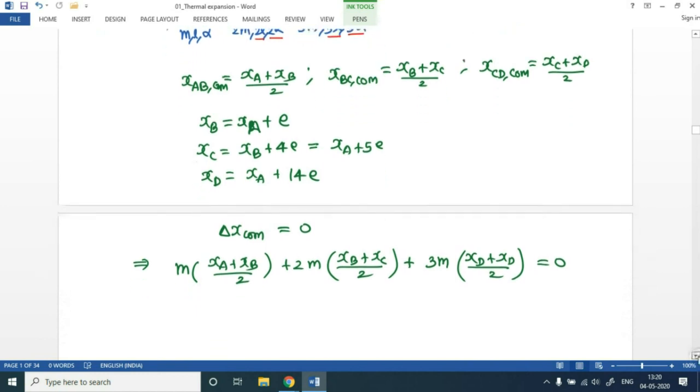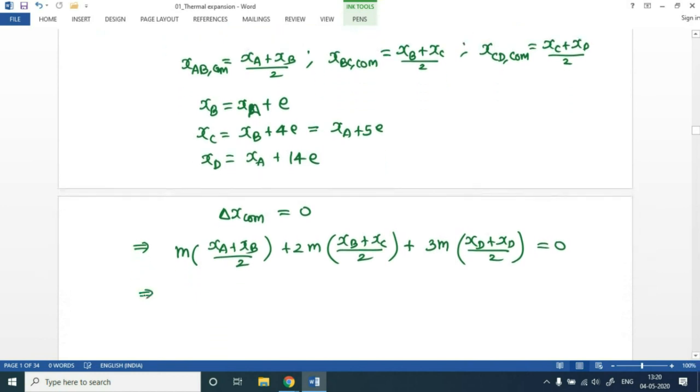Now let's simplify it. M will get cancelled on both sides, and you will have XA plus 3XB plus 5XC plus 3XD, and that will be equal to 0.